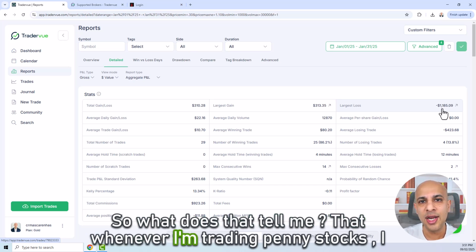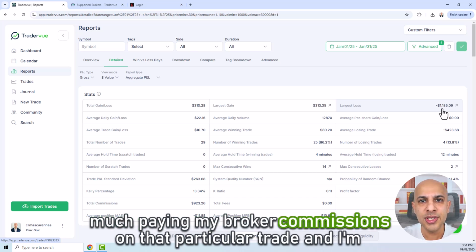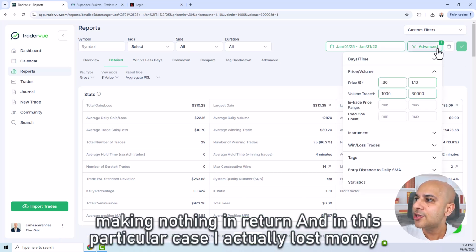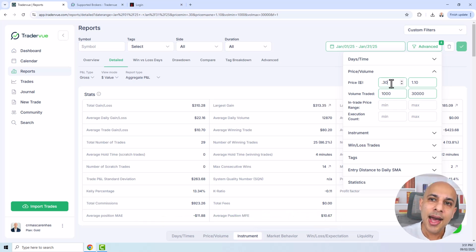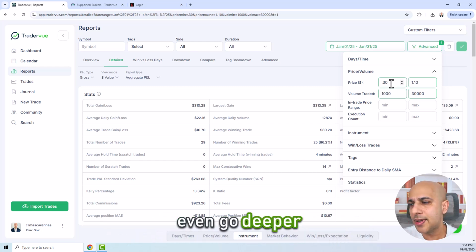That whenever I'm trading penny stocks, I do not have an edge there. I size up, I'm taking profits early, I'm pretty much paying my broker commissions on that particular trade, and I'm making nothing in return. And in this particular case, I actually lost money. So, guys, that's the kind of analyzing you need to be doing on your trades. That's just me. You can even go deeper.